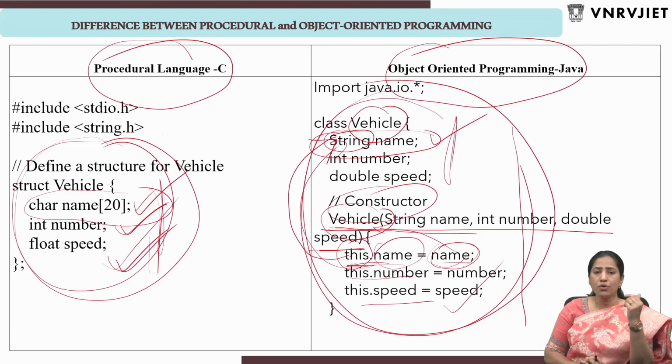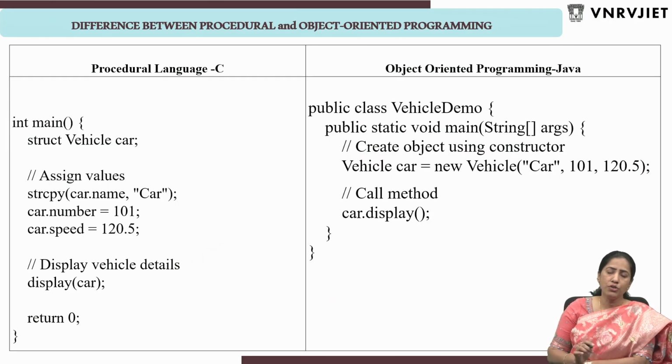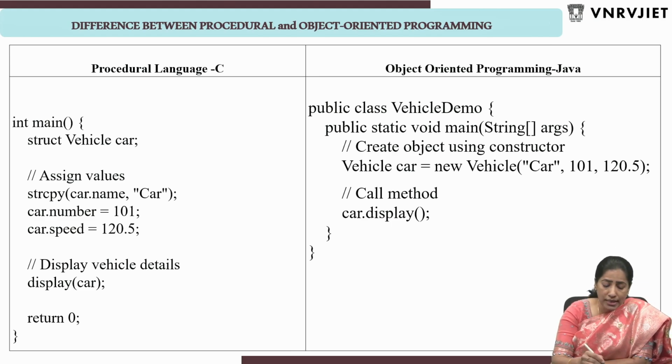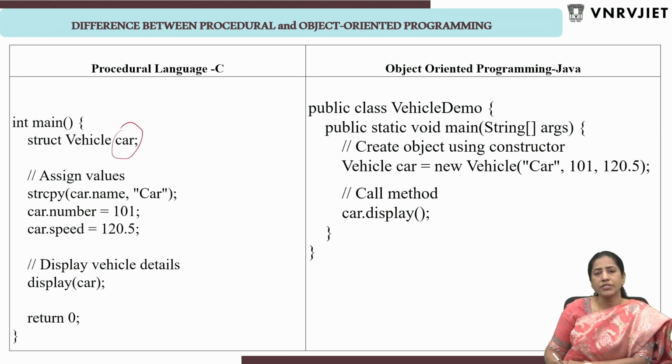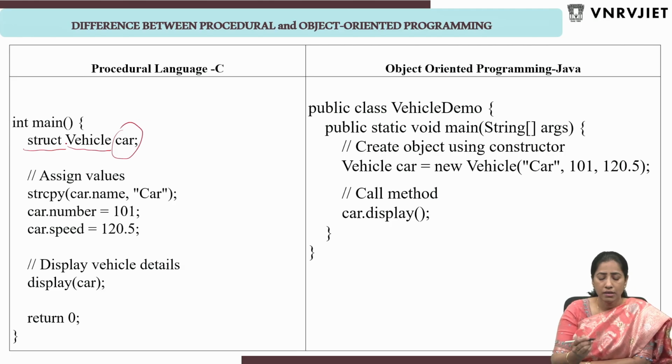But in procedure-oriented languages, how can I assign values to the vehicle details? So here you see, I can assign values to the vehicle structure using the structure variable. How can I create a structure variable? What is the structure name? Structure name is vehicle. To represent that vehicle is a structure, I have to write the keyword struct and any user defined variable name.